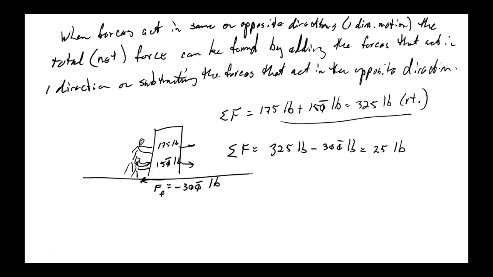Not tenths of a pound or tens of pounds, it's pounds. So you have to keep it with the fundamental unit. So that's 25 pounds. What did I leave off? To the right, to the right. Perfect.